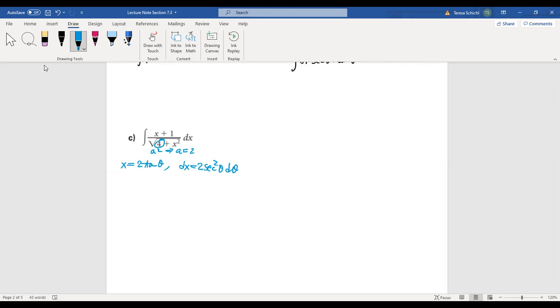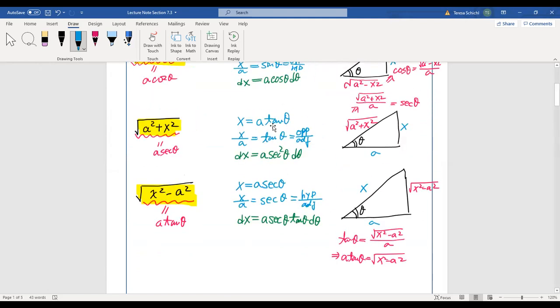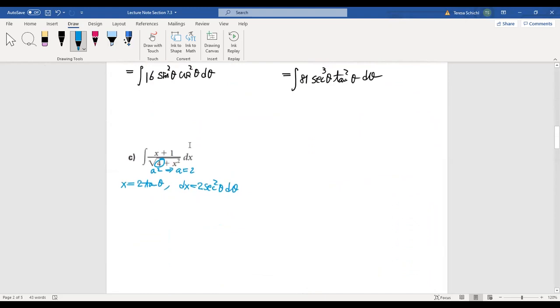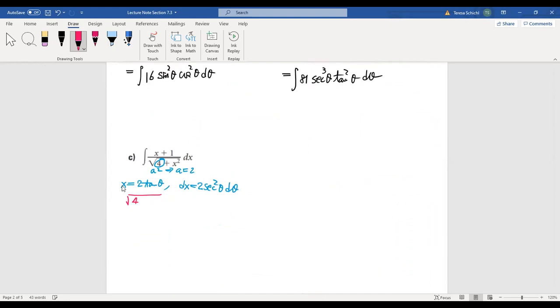And also from the formula, we know if this is a tangent theta, then the square root is a secant theta. Let me do the color code so I know from the previous. So the square root of 4 plus x squared is equal to a secant theta, so it's 2 secant theta. Correct?